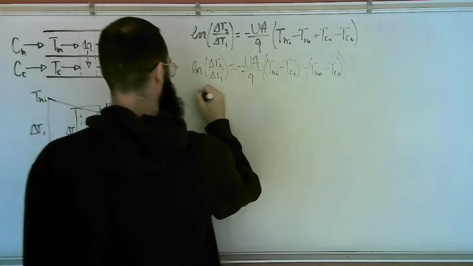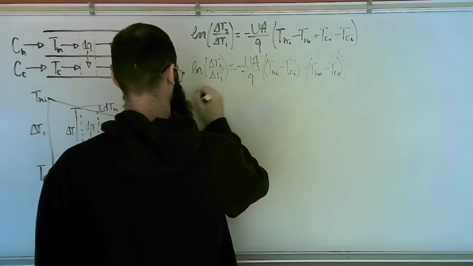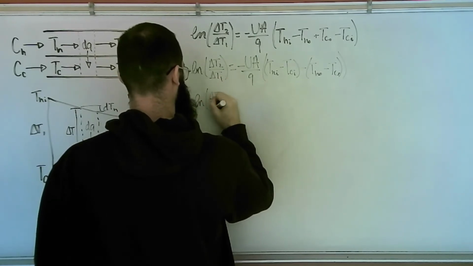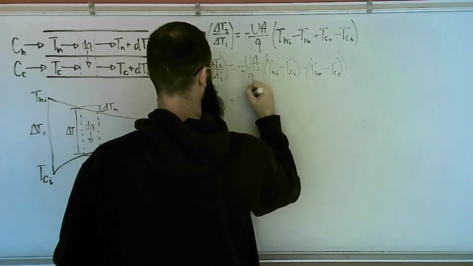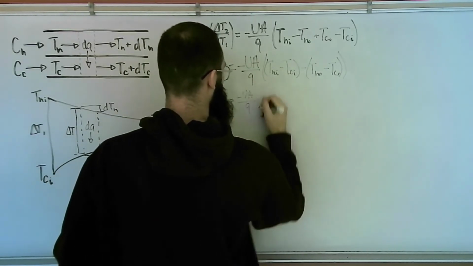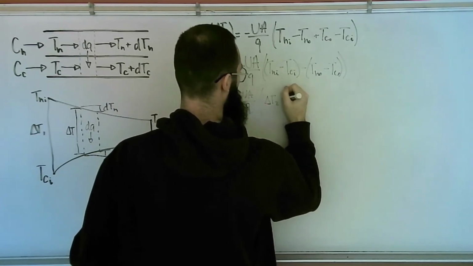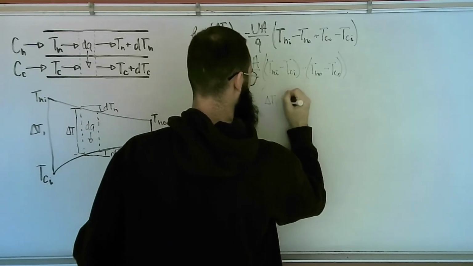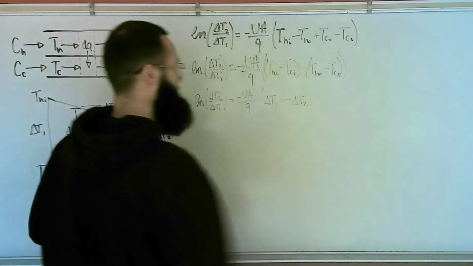So that'll give us ln delta T2 over delta T1 is equal to negative UA over Q times (delta T1 minus delta T2).